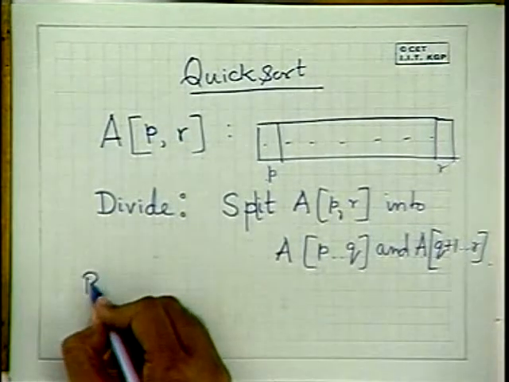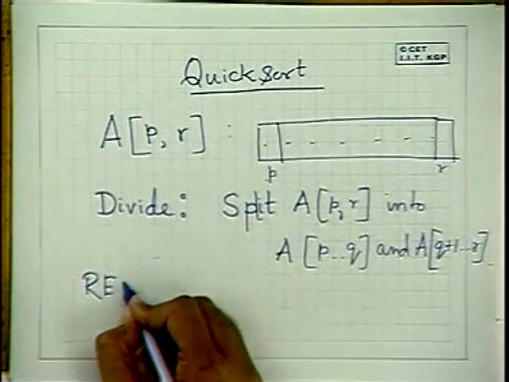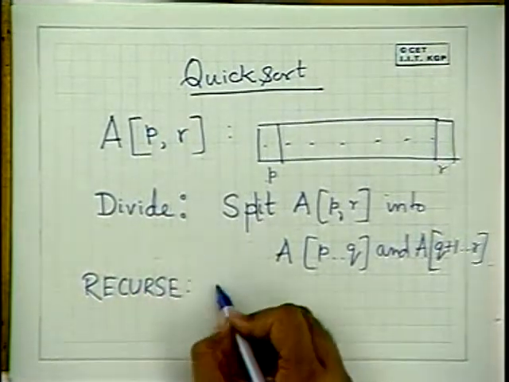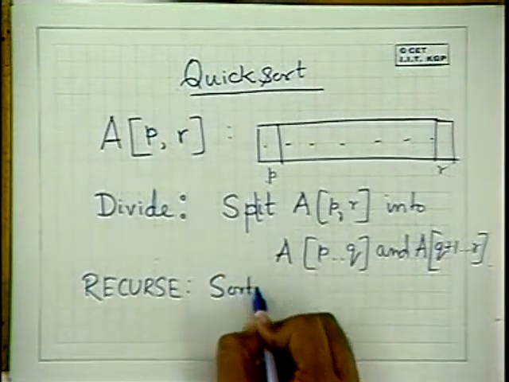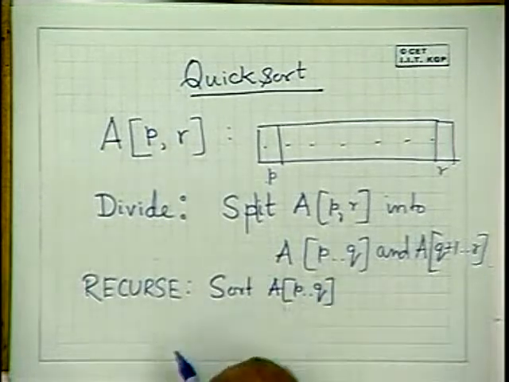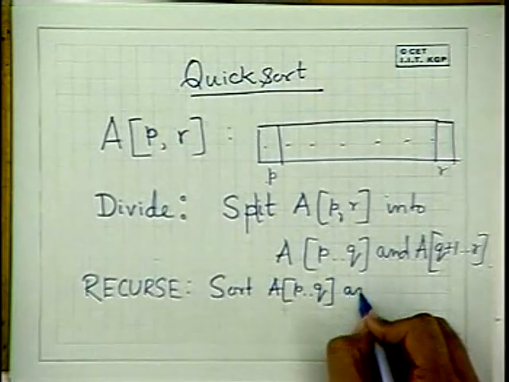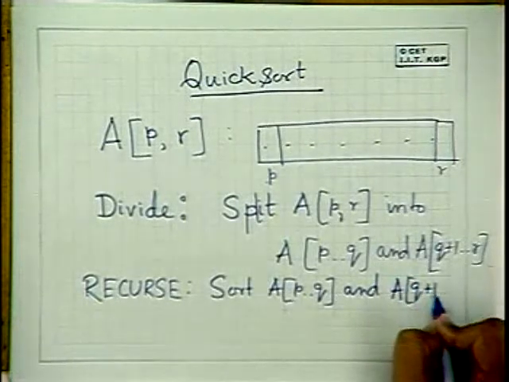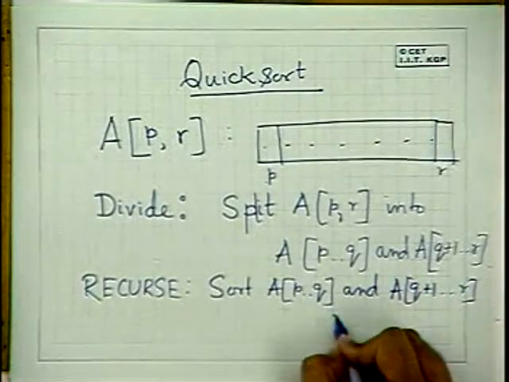Then you have to recurse. There is a recursion step: sort A[P..Q] and A[Q+1..R] recursively.